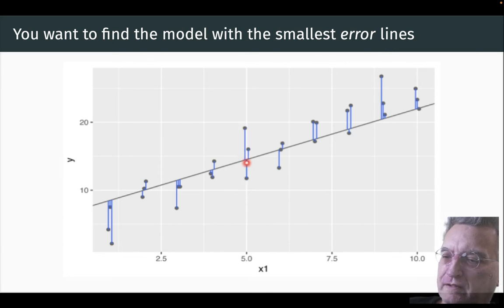This is a negative number, if we're measuring from the line. So we want all positive numbers to get the sum of all the numbers. So we do instead the sum of squared numbers. We could do the sum of absolute values of numbers, but the absolute value function has a kink in it at 0. The absolute value function is V-shaped at 0, and the squared function is U-shaped at 0.